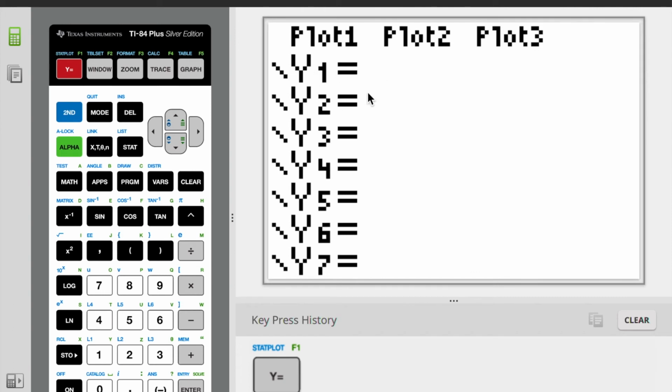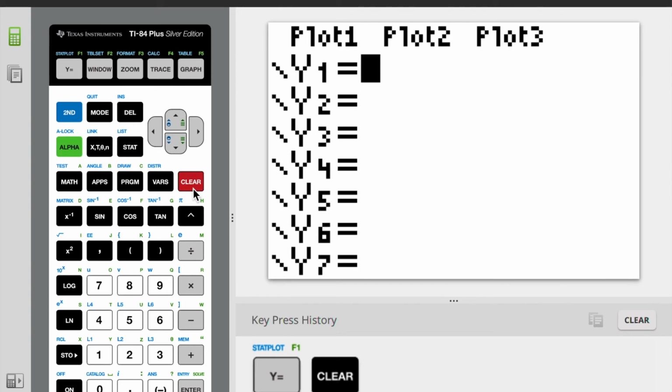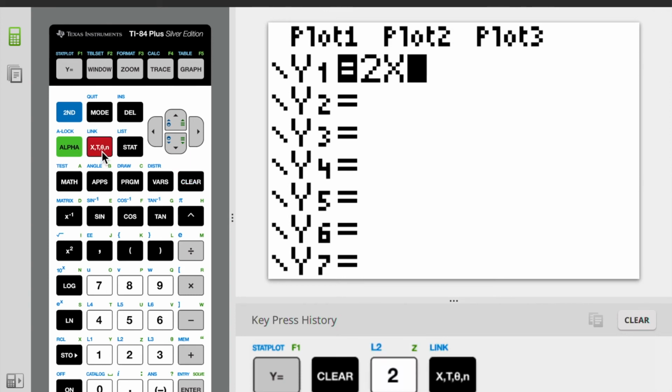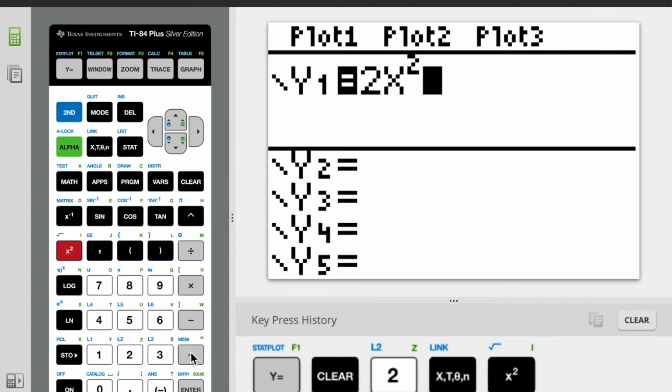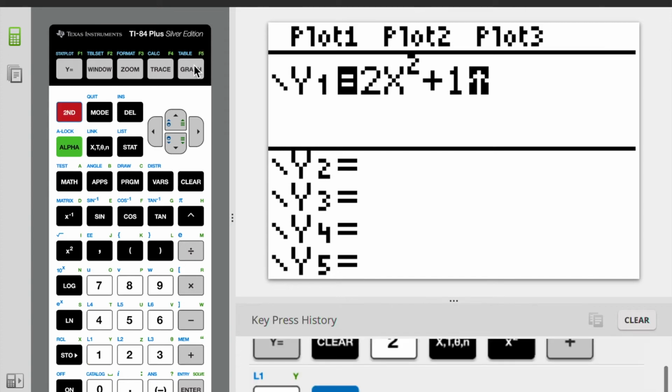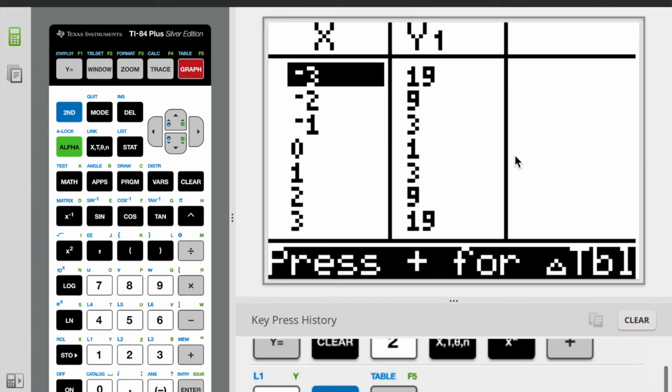In our y1, you probably had your last example function in there, so you just want to clear it out just to make sure that there are no functions in there that you don't want to table. And then you just want to type this in. So you press 2 to get the x, you press this button, and then x squared plus 1. And then to create your table, remember you press second, graph, and it generates a table for you.